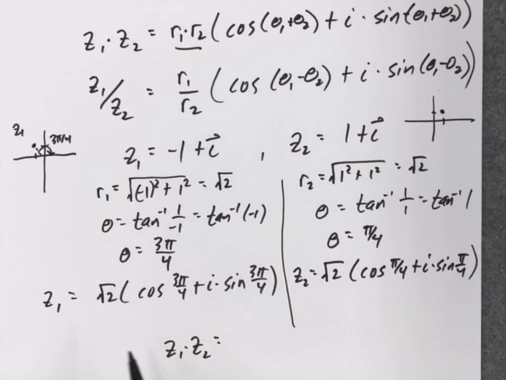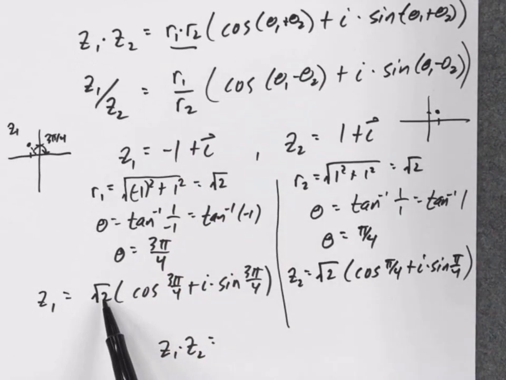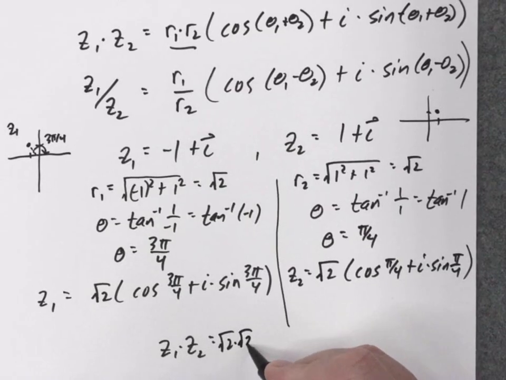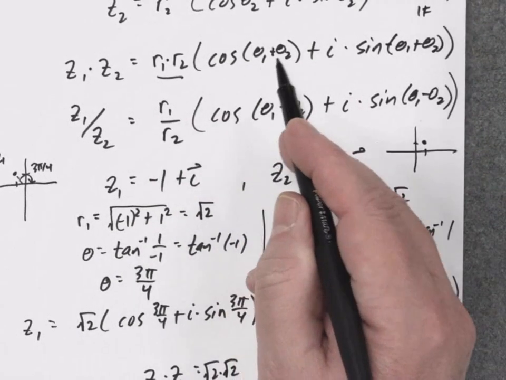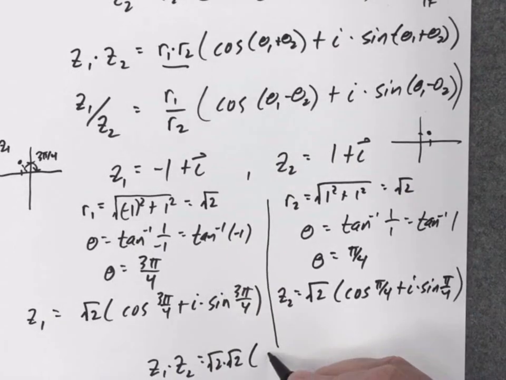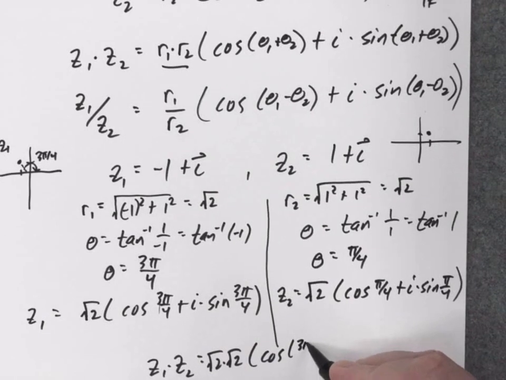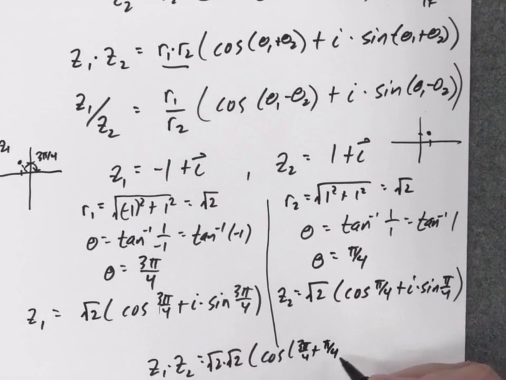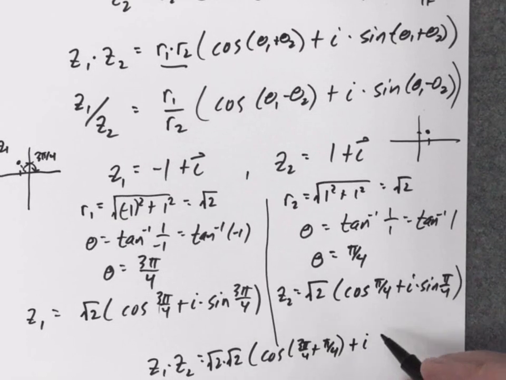So now, to multiply them, what do you do? You multiply the two r's. Square root of 2, square root of 2. And then you take the cosine, you add the angles. 3 pi over 4 plus pi over 4, plus i, and the sine is the same thing.